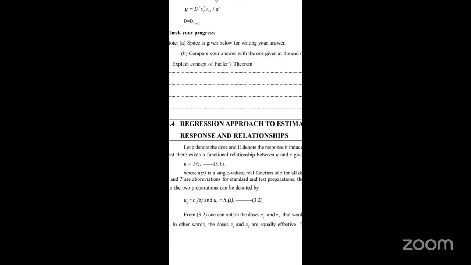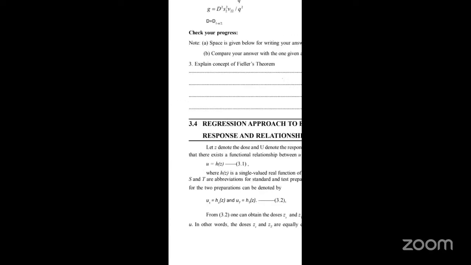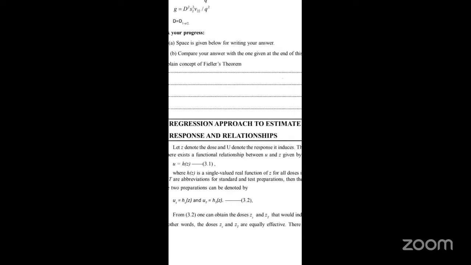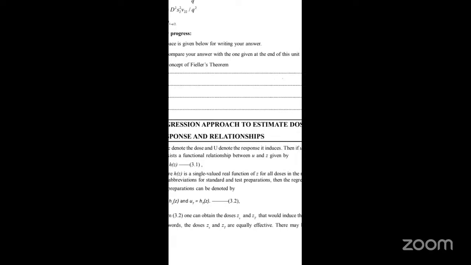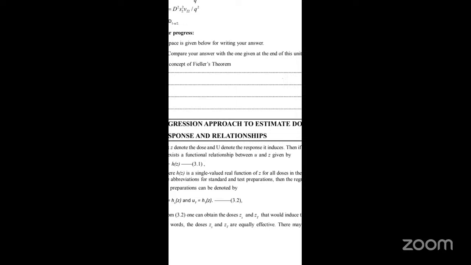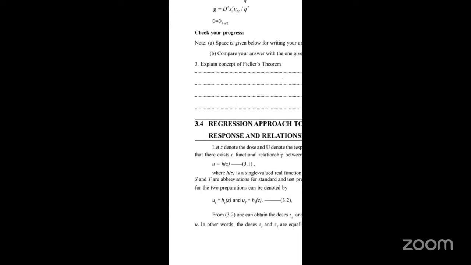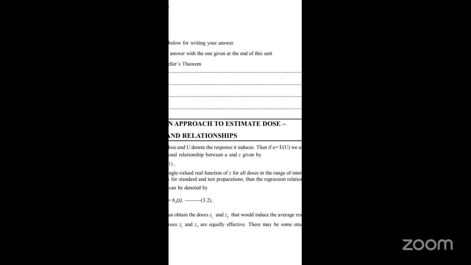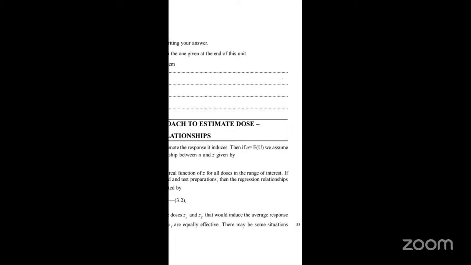If S and T are abbreviations for standard and test, then the regression relationships for the two preparations can be denoted by u equal to h of z_S and u equal to h of z_T. From equation 3.2, one can obtain the doses z_S and z_R that would induce the average response u. In other words, the doses z_S and z_R are equally effective.